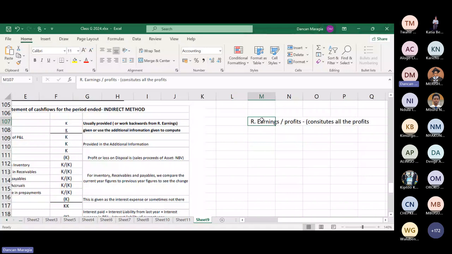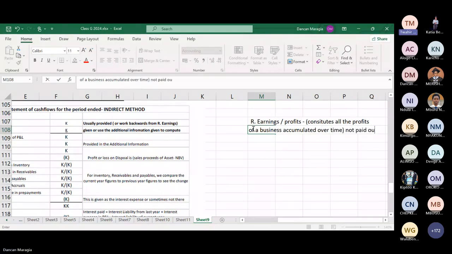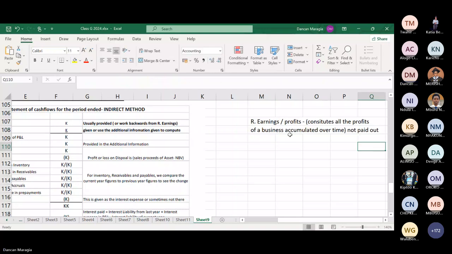All profits of a business accumulated over time, not paid out as dividends. Correct. So assume this is the year 2023.